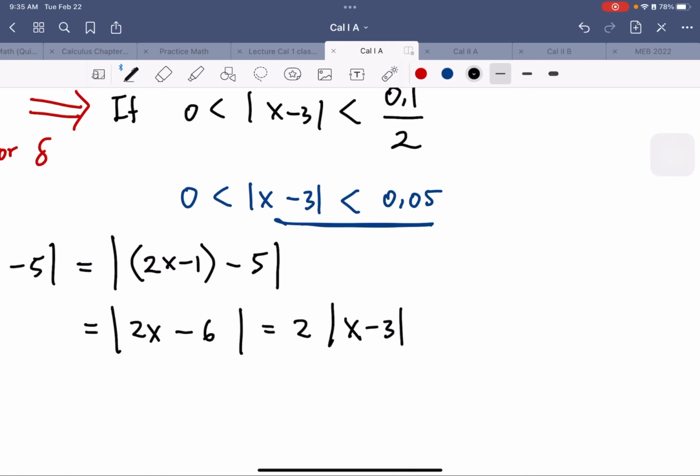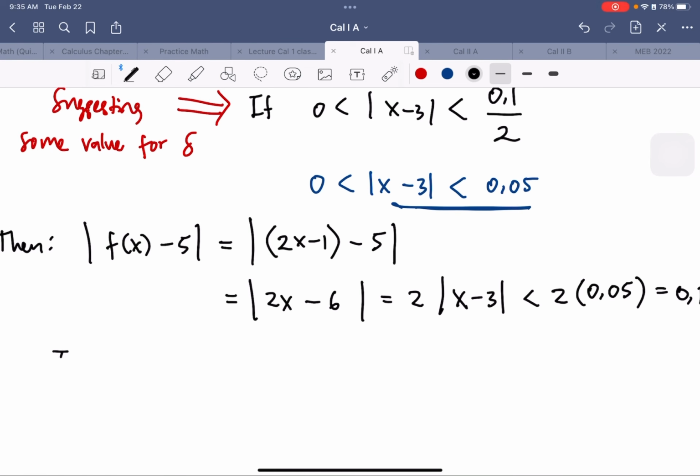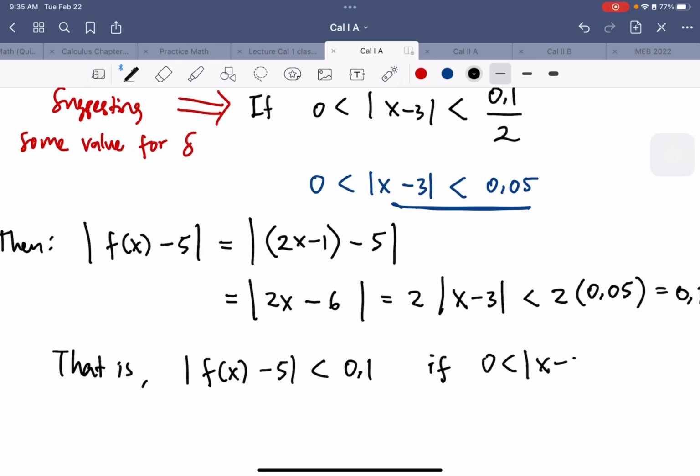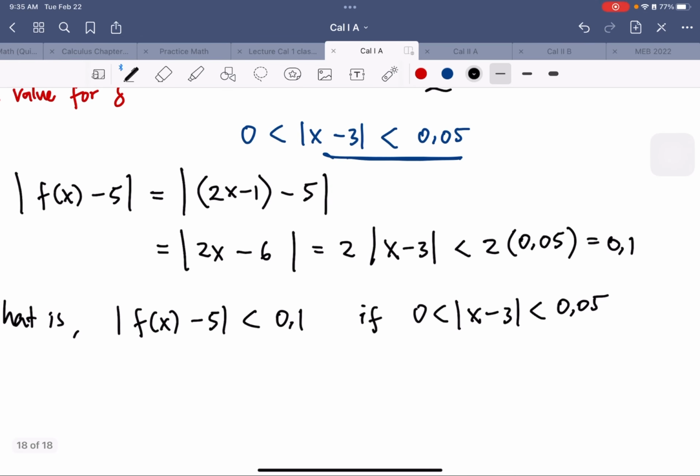Okay. So we can write this is less than 2 times 0.05, which is 0.1. And that is, this is less than 0.1 if 0 is less than the absolute value of x minus 3, which is less than 0.05.